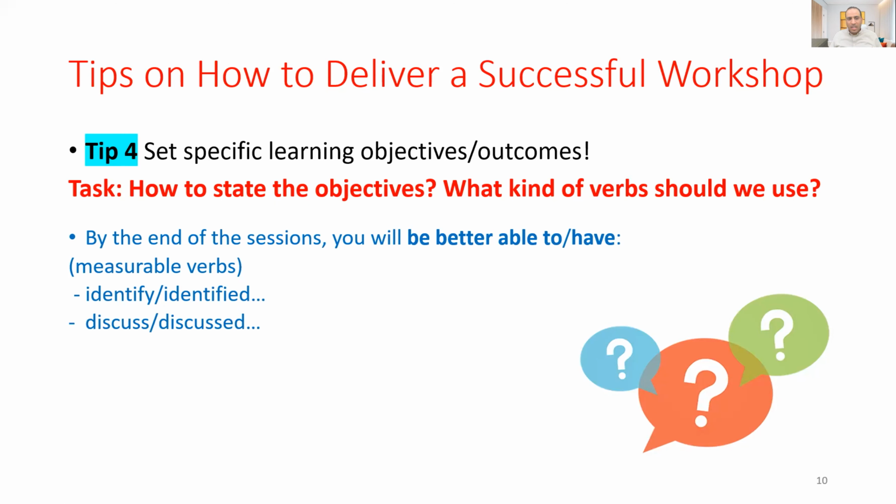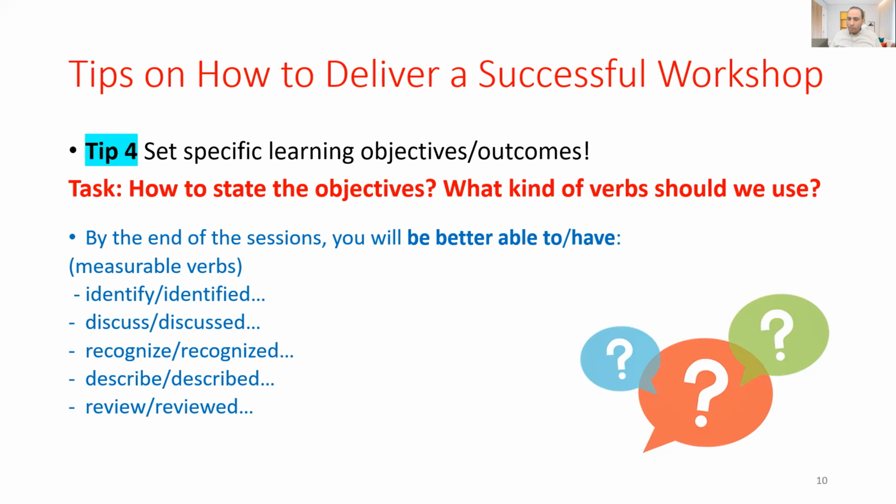Discuss is another good verb. Recognize, describe, review, and compare. You can even search for more measurable verbs, or if you know any other measurable verbs, you can tell us now very quickly before we move on to the next one.